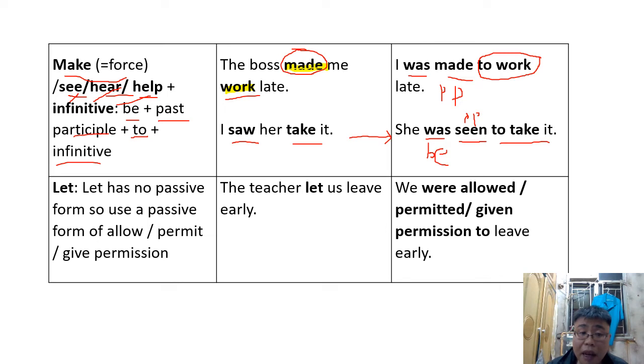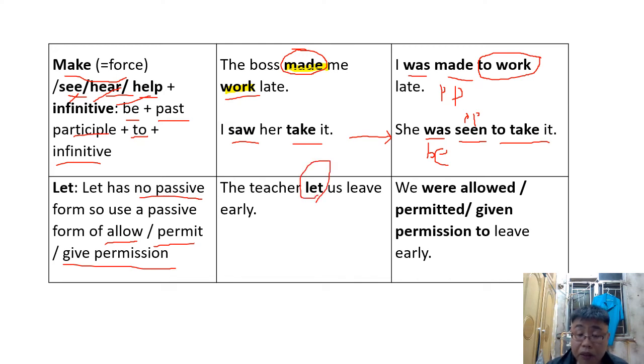The last example is let. Let has no passive. But if we want to express the meaning of let in passive sentences, we can use allow, permit, or give permission. Look at this sentence. The teacher let us leave early.